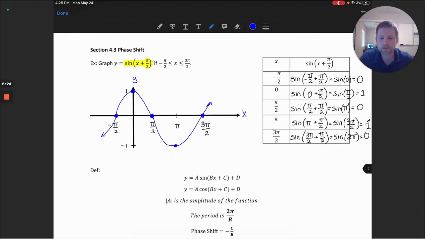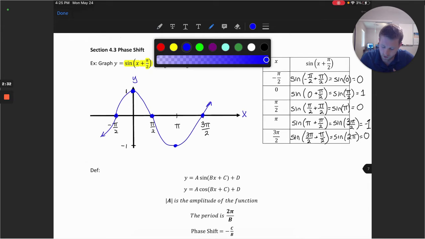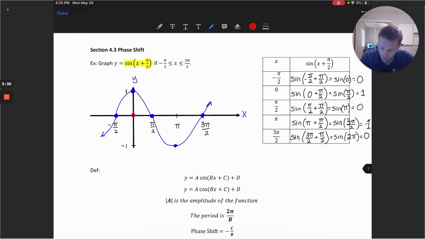I'm just going to draw this in, and then we'll make some observations about the adjustment that this made. If I was to plot a regular sine curve on this graph in red, the sine curve always starts at 0. This is the sine of x. It starts at 0, hits a peak at pi halves, is back down at pi, hits a minimum at 3 pi halves, and then back up at 2 pi.